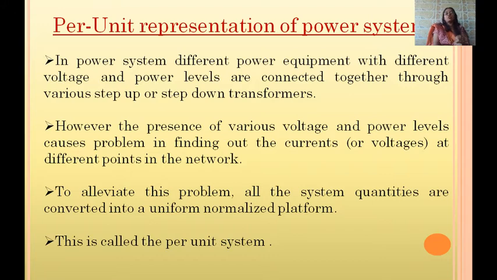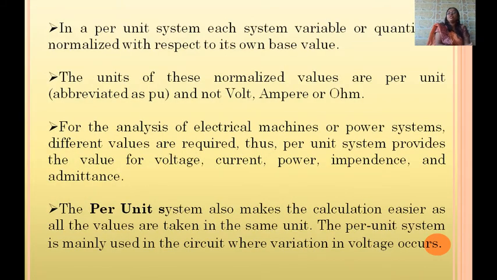All these system quantities, whether it is voltage, current, or impedance, are converted into a uniform and normalized platform, and this is called the per unit system. In per unit system, each system variable or quantity is normalized with respect to its own base value.